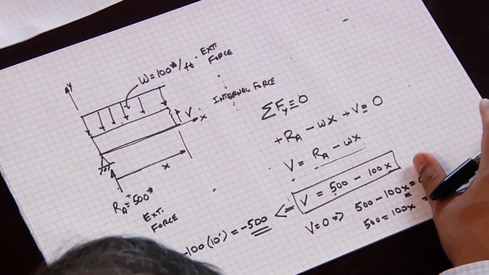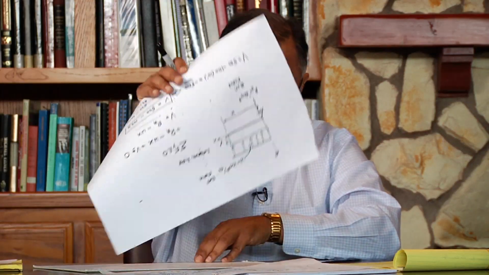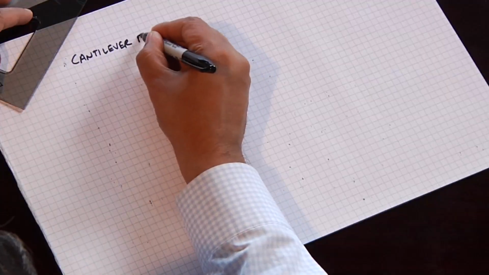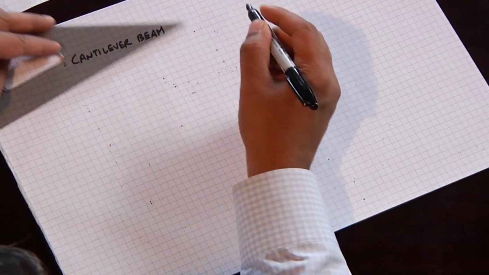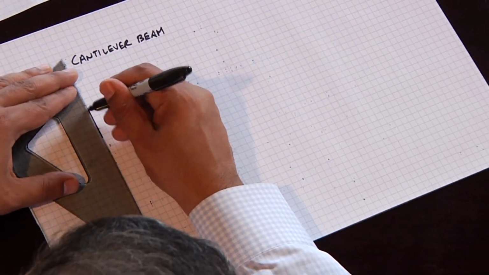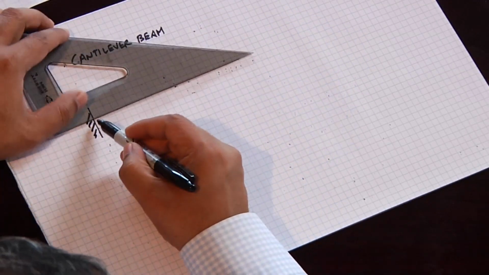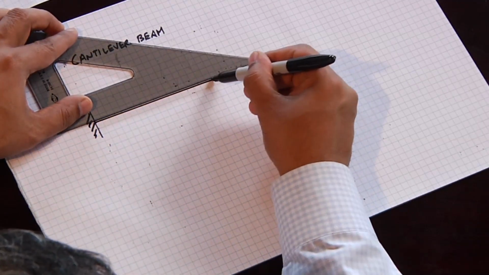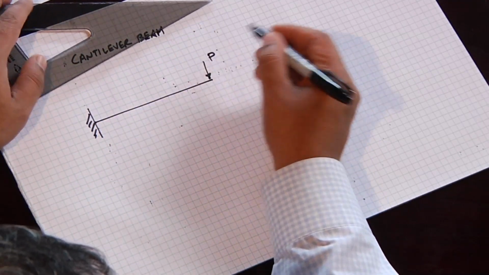Let's take a look at another example. Let's take a look at an example of a cantilever beam. So a cantilever beam is a fixed support beam which has a load on the end. We'll make this a very simple example.